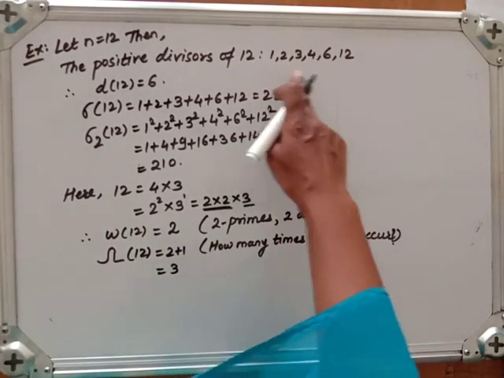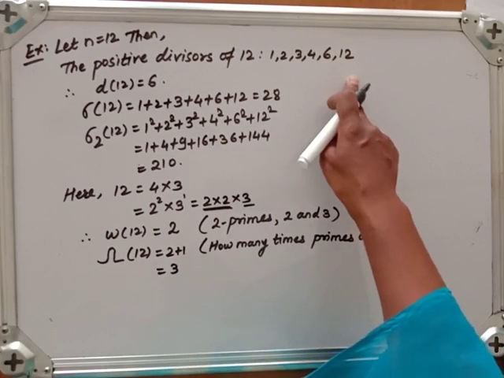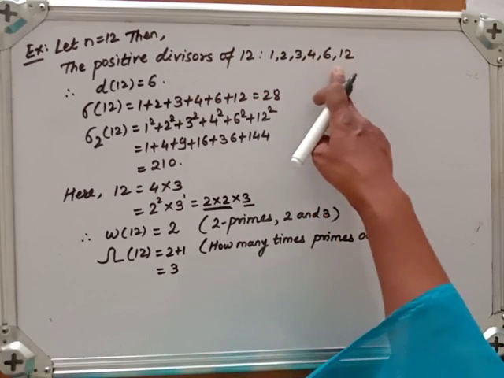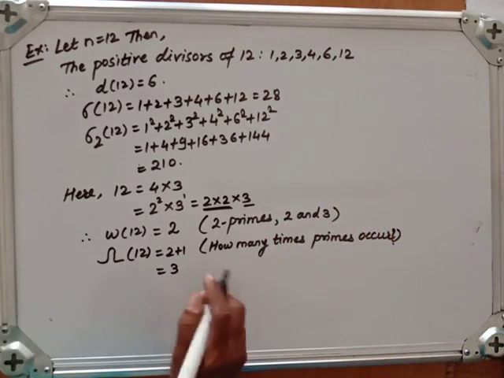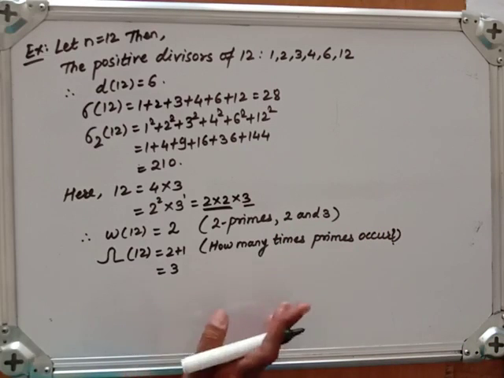Now look at these divisors. Now this 5 is nothing but the count of numbers from the divisors, but 5 is actually the numbers which are less than or equal to 12 and relatively prime to 12.